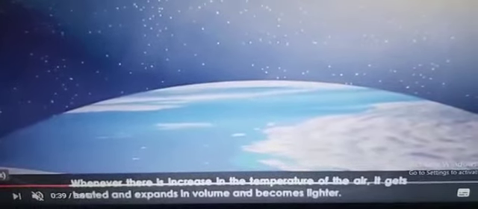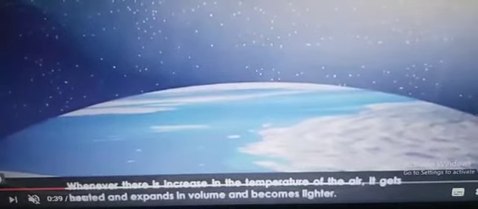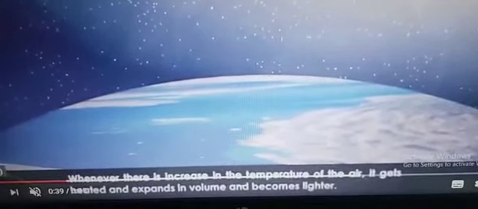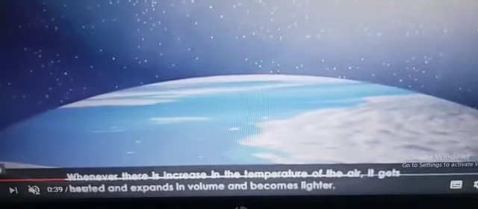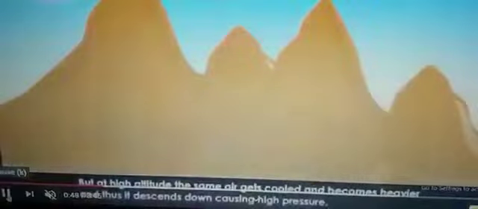When the sun heats the air above the earth, the warm air, being light, rises up and cool air takes its place, and this is how the movement takes place. Here I have shown you the slide of how the air pressure moves. Due to the less weight of the heated air, it rises up, causing low pressure.